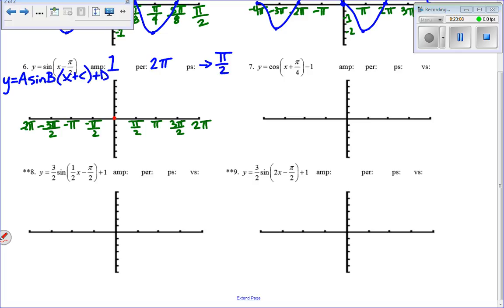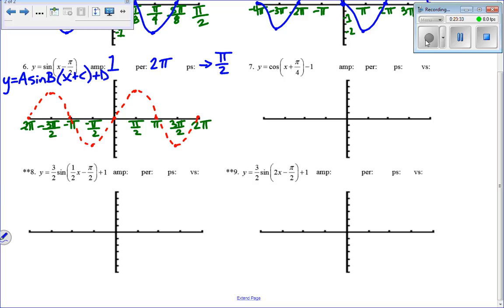All you're going to do now, my dashed red is my parent graph. Okay? So all we're going to do is shift our entire graph pi over 2.